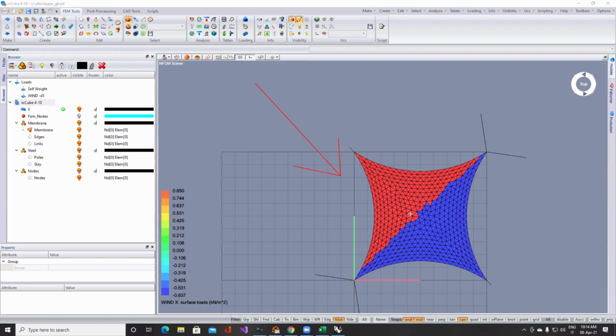So basically, you do this on paper. This is my drawing, and then you define the wind input.